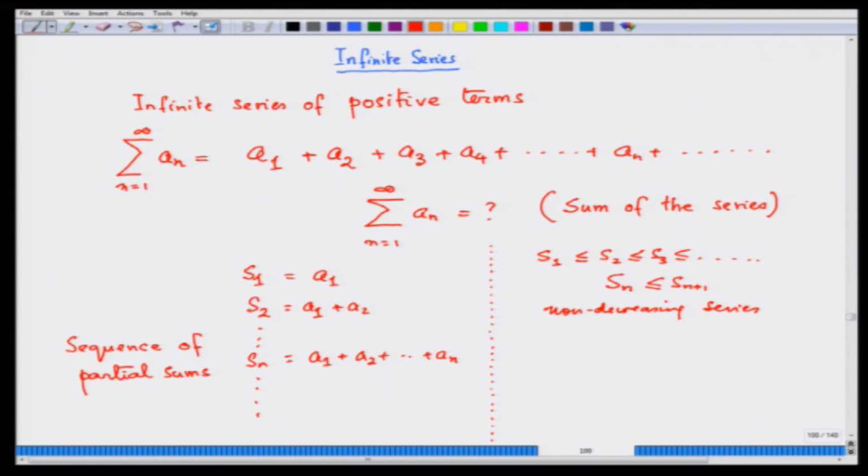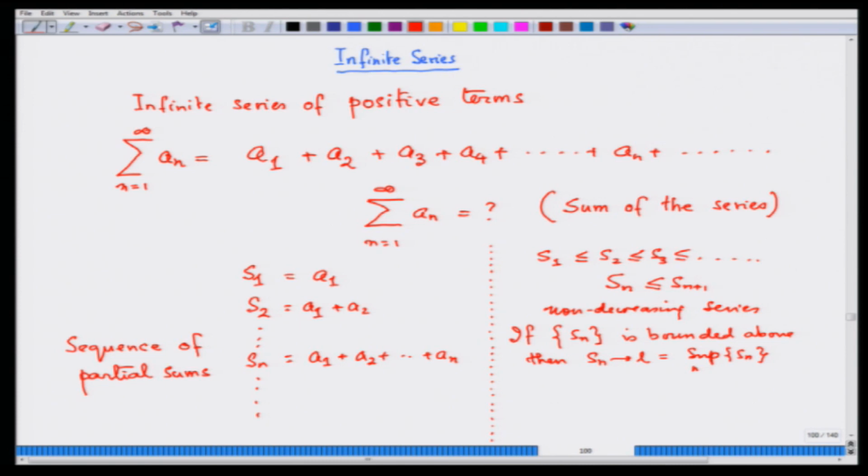Now if Sn is bounded above, then Sn converges to L, which is equal to the supremum of the sequence Sn.